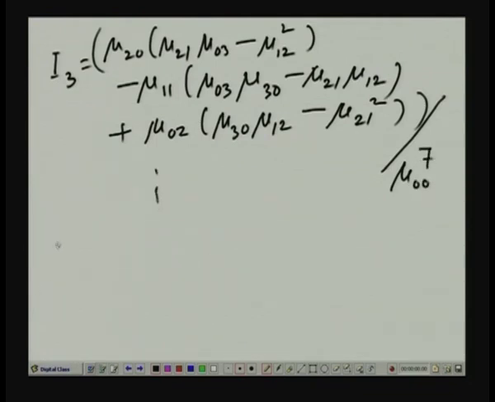Similarly there is another moment invariant, I 4, which has a very big expression like this.